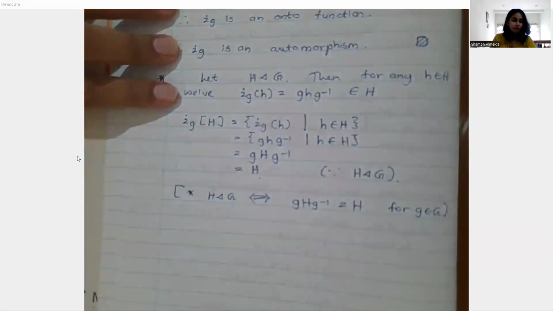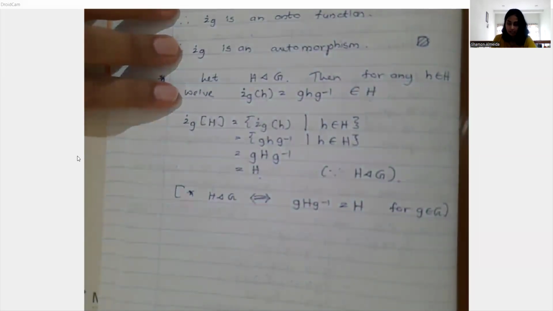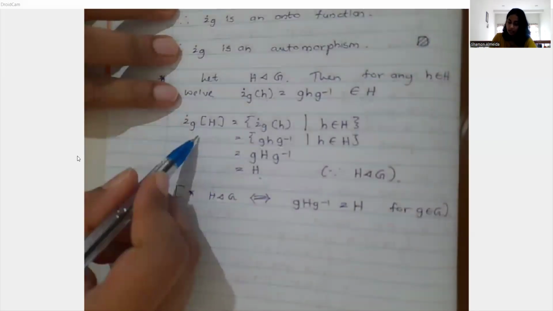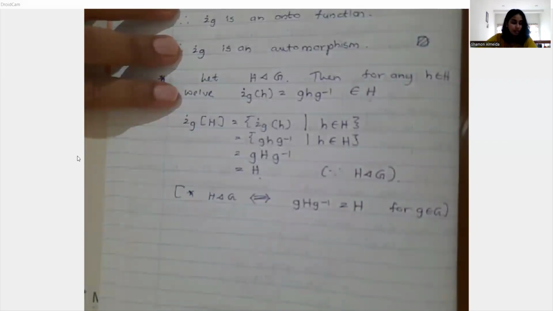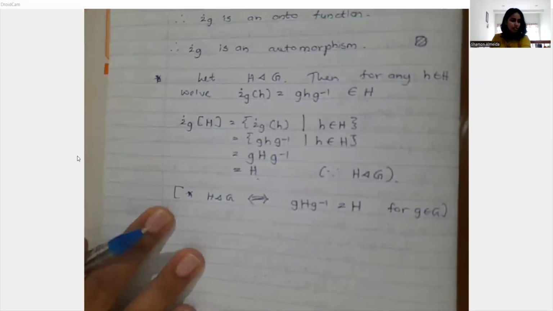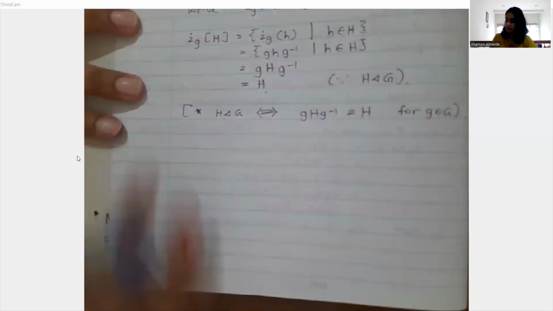In other words, for every inner automorphism, the image of H through I_G will simply be H. In other words, it will be invariant, and H is any normal subgroup of G. So we can conclude that any normal subgroup will always be invariant under any of the inner automorphisms, right? Okay, so let me write it here.